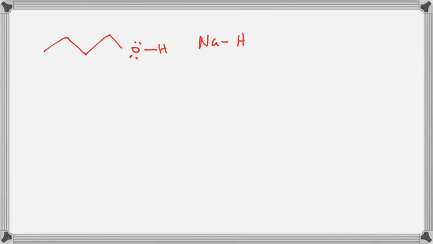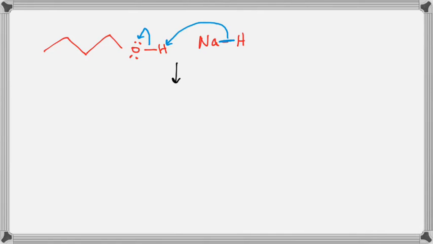If we want to be super strict with this, remember I said this was a solid. So what's going to happen is that our electrons from our sodium hydrogen bond will react with our hydrogen atom on our alcohol. Those electrons go to the oxygen.